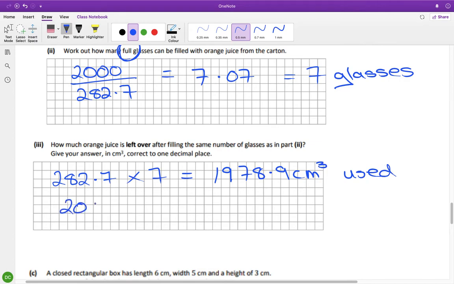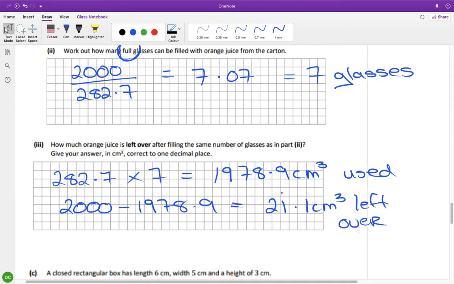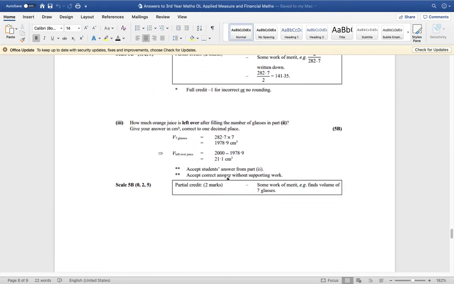And we had 2000. So if we just minus them, I get 21.1 centimeters cubed left over. 21.1.